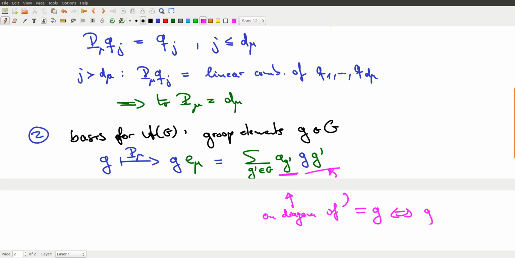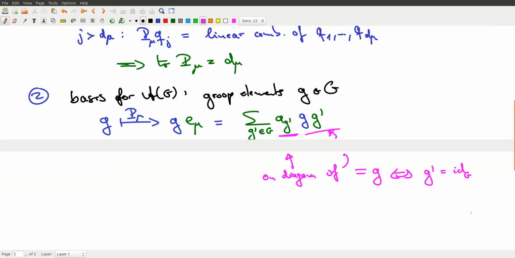But that means that the g' has to be the identity. So for each group element, we get a contribution on the diagonal which is always the coefficient for g' equal to the identity.